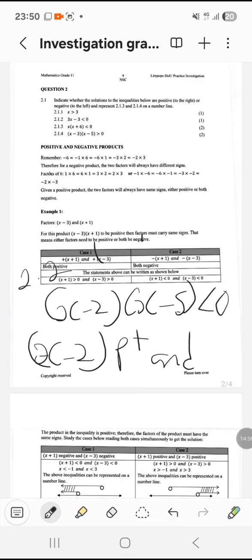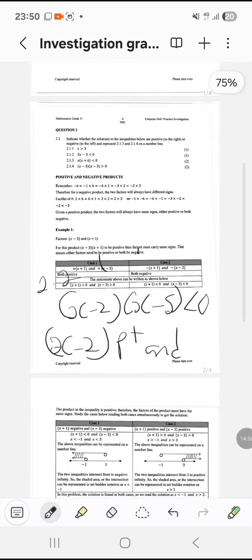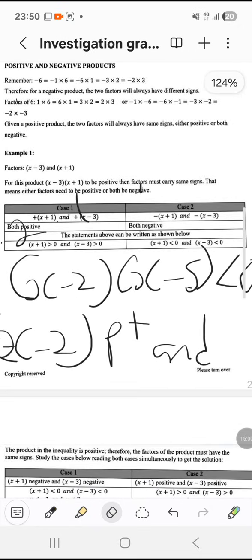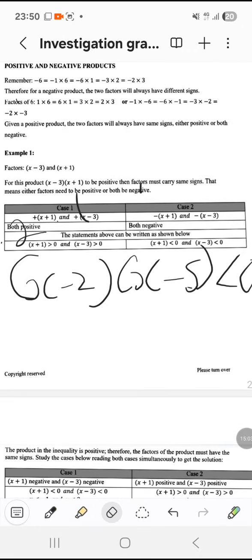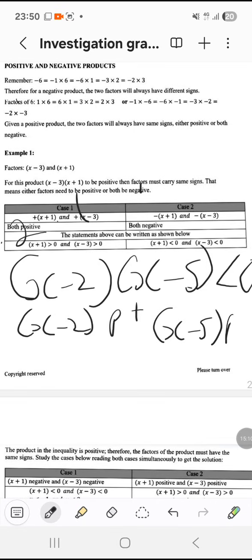And also x minus 5. So x minus 2 is positive, x minus 5 is positive. Using the example, if on the bracket is negative, then we decide that is positive on the outside.